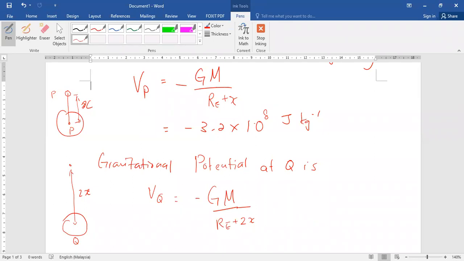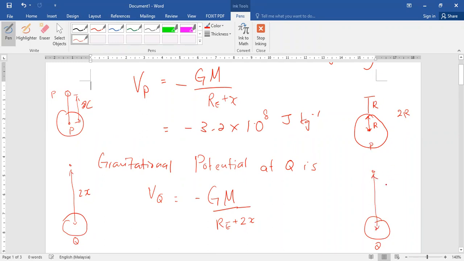So let's say I use an example. This is a distance of r. This also is the distance of r. Correct or not? That means total is 2r, right? And for Q, it should be like that.